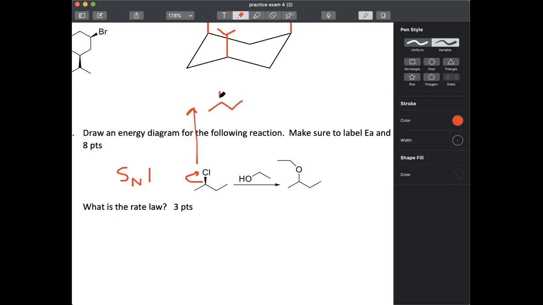And so you have a carbocation, right? What is the next step? Yeah, so here your nucleophile attacks. And then what is the last step?